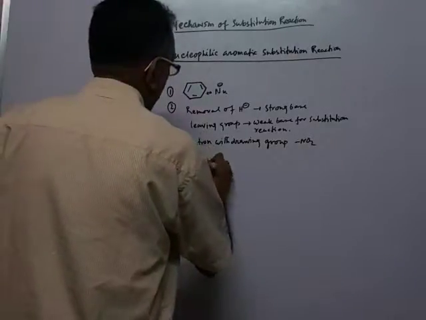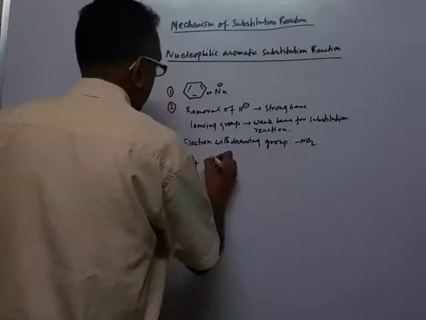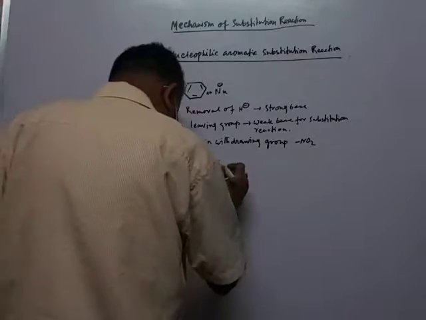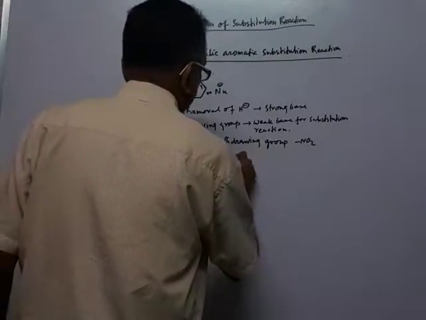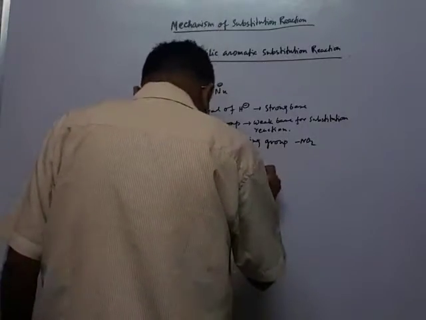Suppose we have a nucleophile Y, then it can attack here, and this process is a slow process, and we get a product like this one.